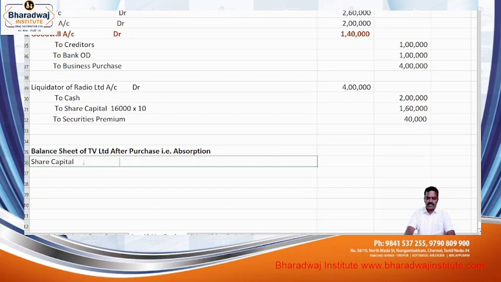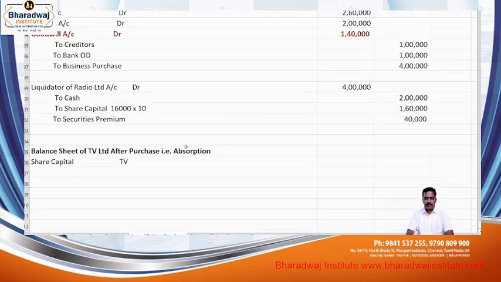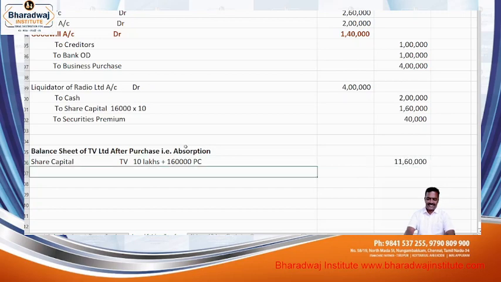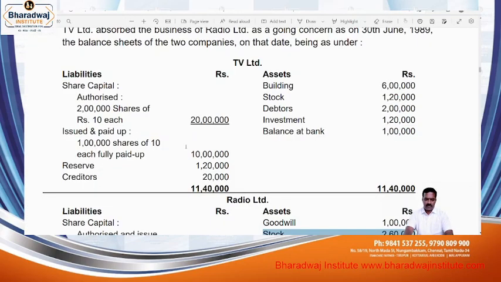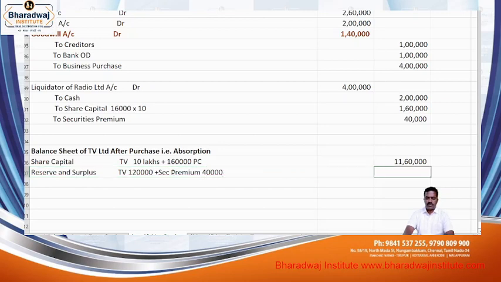How much is there with TV? 10 lakhs issued capital. 10 lakhs plus 2 lakhs, 1,60,000. Then reserves and surplus. TV 1,20,000 plus securities premium 40,000, total 1 lakh.